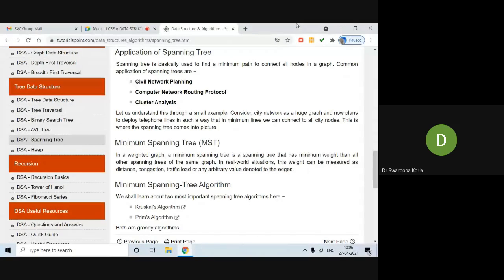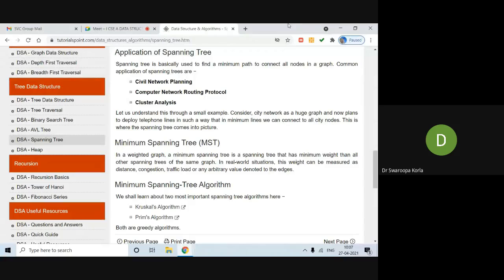A few applications are civil network planning, computer networking routing protocols, and cluster analysis. These are related to computer science applications where you want to find a minimum path that covers all the vertices or all the connected nodes of that graph. These are the applications of spanning trees.